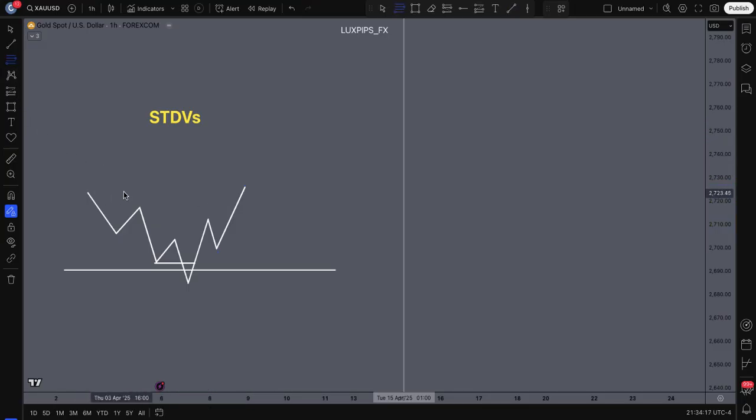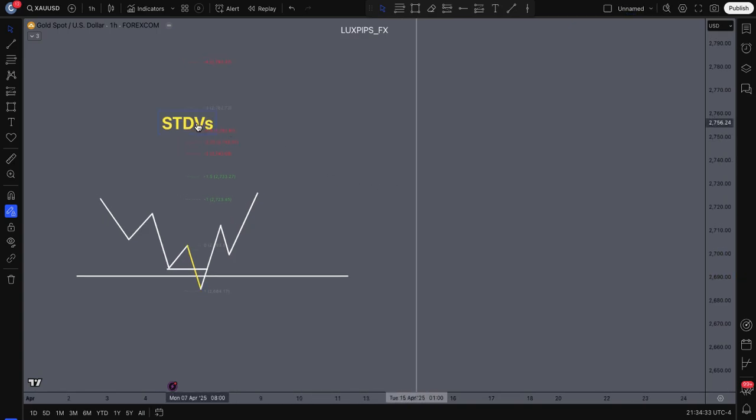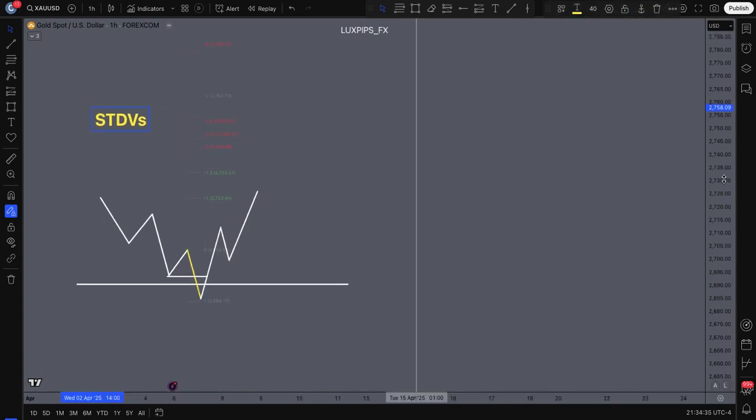You want to grab your fib tool, put it on the low to the high. This manipulation leg. Sorry. That on. I'm going to make this yellow so it's a lot more noticeable. Here's the rules.